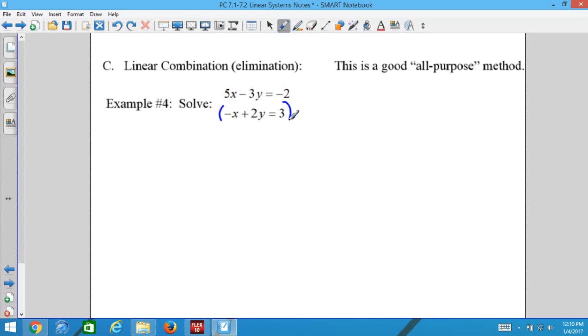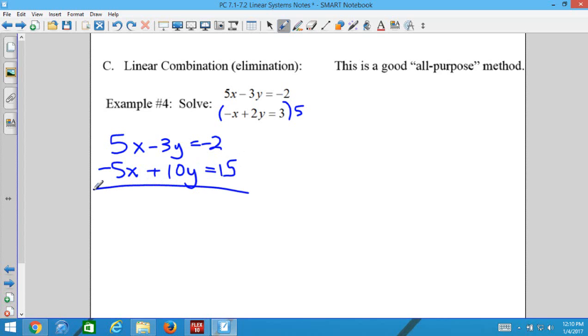So probably the x's. If I multiply the bottom one by what number? 5. So make sure you multiply all of the equation by 5. So our top equation, 5x minus 3y equals -2. Bottom one is now -5x plus 10y equals 15. And we add the equations together and the x's are eliminated.